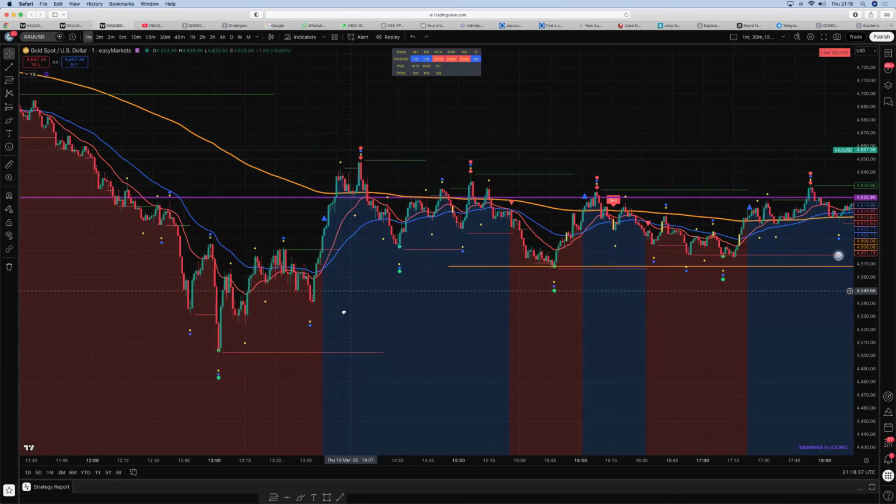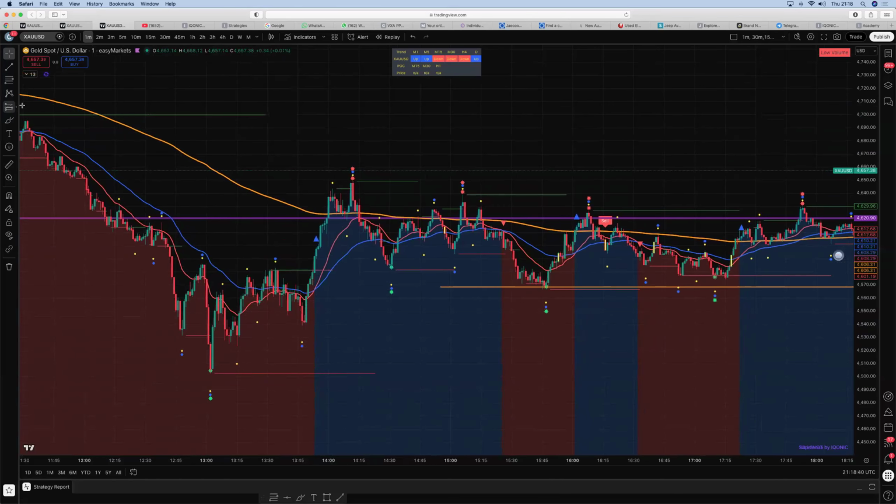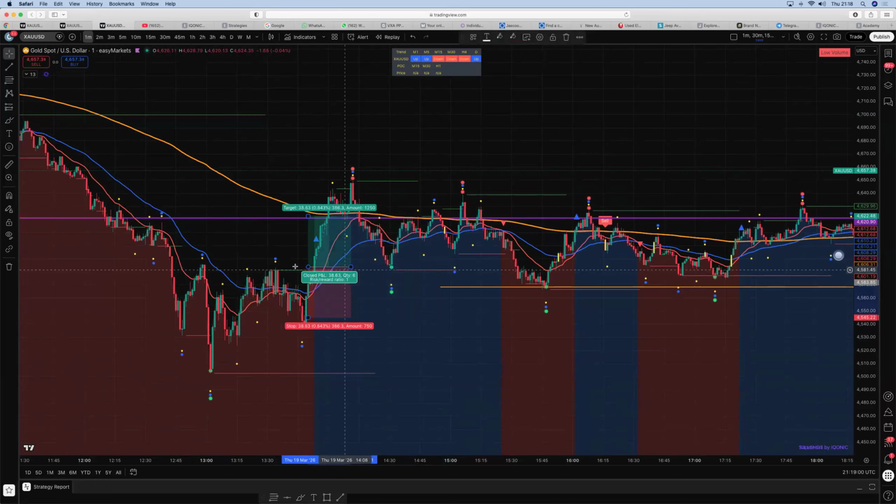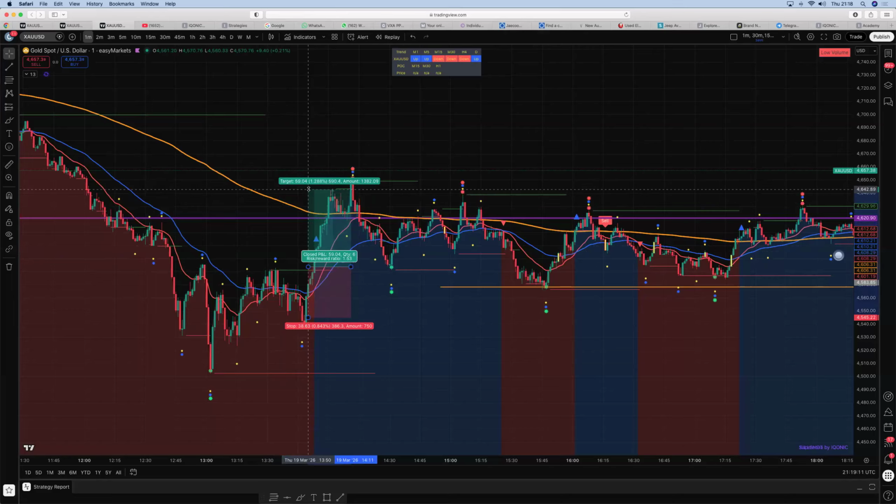Myself personally, this would have been my entry, right above this zone here. Then I would have followed up my stop, and this would have been roughly my TP right here.